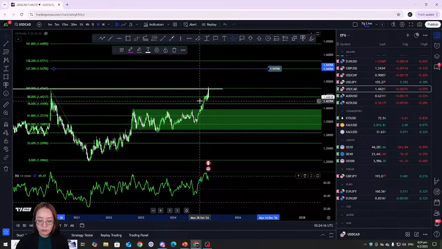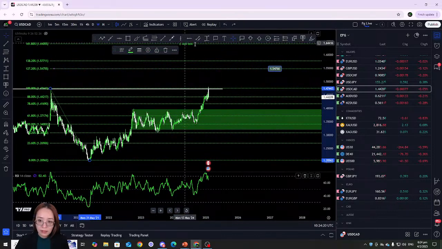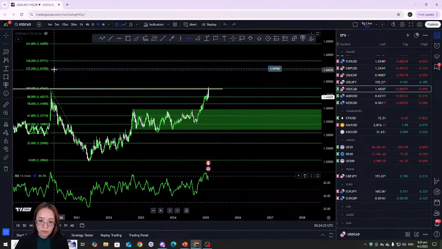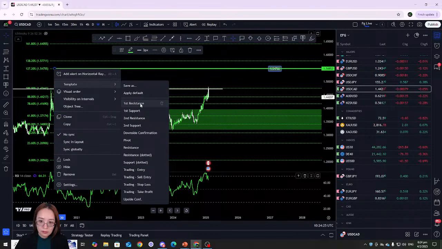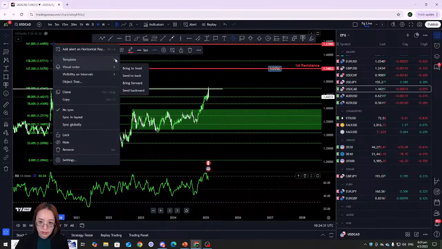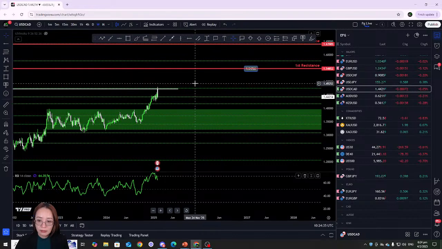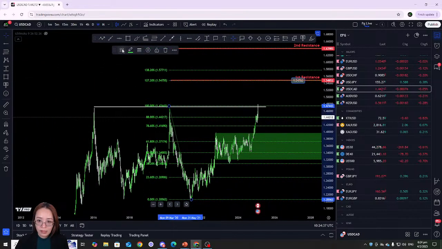Do you think price is going to break here? If price breaks above this high, the next resistance level is this, I'll just put this one first, and the next one is going to be right here for the extension. Okay, this is the weekly. I will leave it like that first.